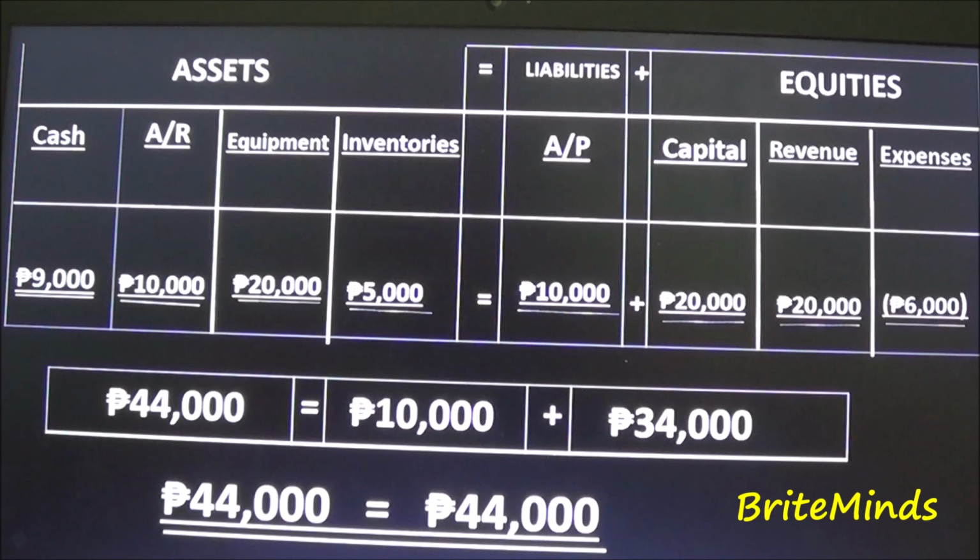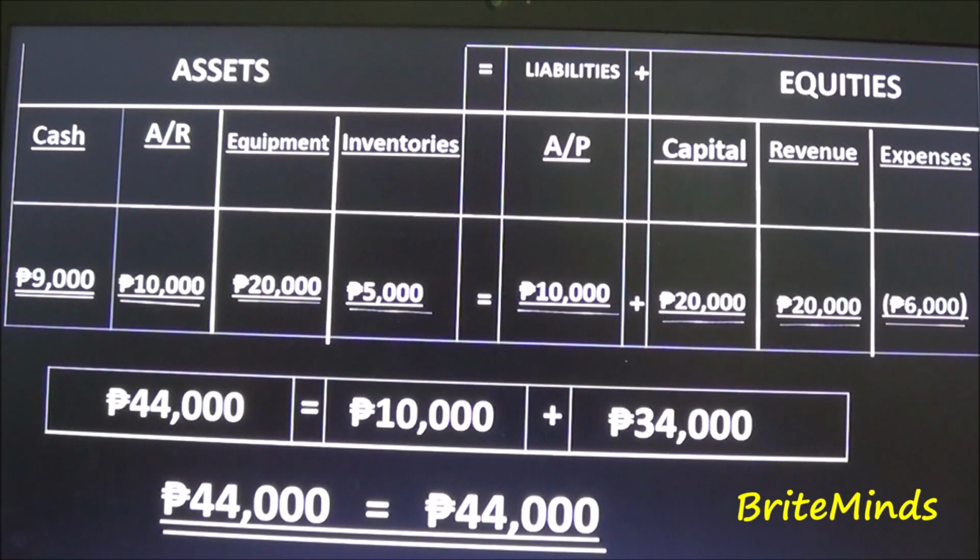So the total assets of Miss Rose is equal to 44,000. And then the liabilities equal 10,000 pesos, and then the total equity: 20,000 capital plus the revenue 20,000, then less the expenses 6,000, so the total equity is 34,000.